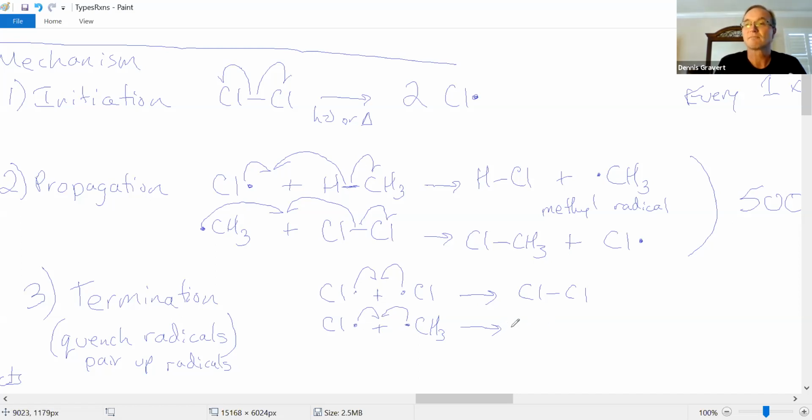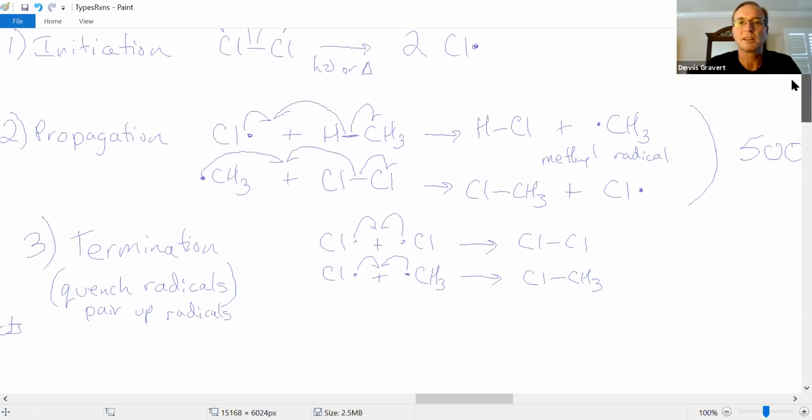Two dots form a pair, a covalent bond. And hey, we actually made product. That's the chloromethane. The first termination step made more Cl2. Yeah, maybe if you're still shining light, it could jump into the initiation step, or the Cl2 might jump into the propagation step here. But here's something unexpected.